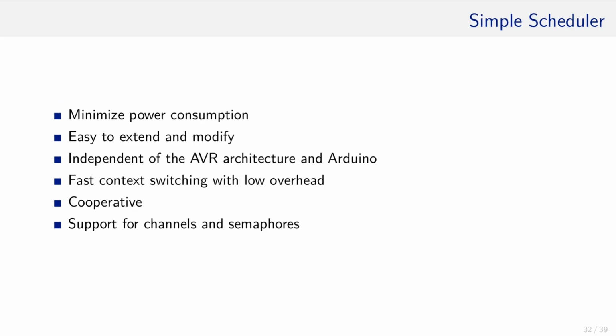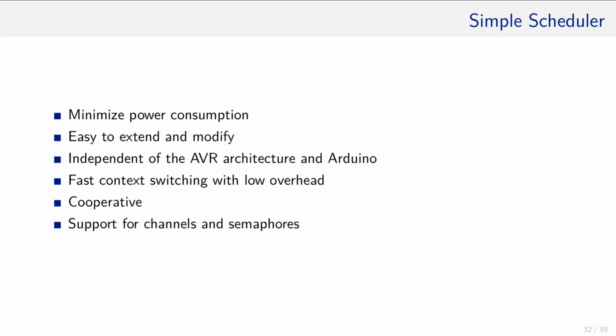Considering a simple implementation, what do we expect from the scheduler? First, if the MCU is idle and no task is ready to be executed, the MCU shall sleep to reduce the power consumption. In addition, maybe for a project or maybe later, extensions should be possible and the scheduler has to be independent of the Arduino library and only has access to the AVR library.